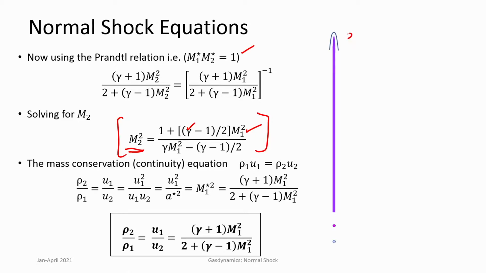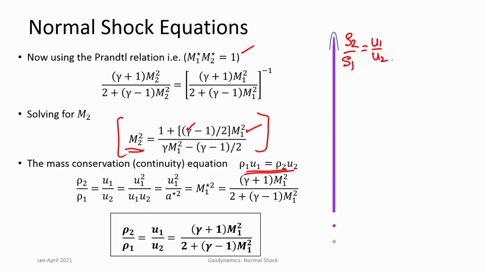What we need is rho 2 by rho 1, that is, density increases across the shock, and from the mass conservation equation rho 1 u1 is equal to rho 2 u2, you directly get that rho 2 by rho 1 is u1 by u2.